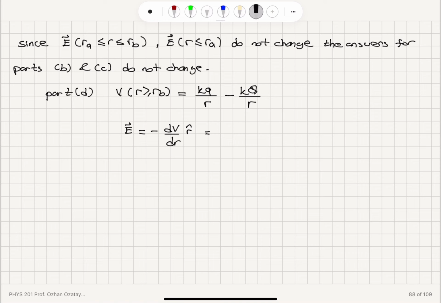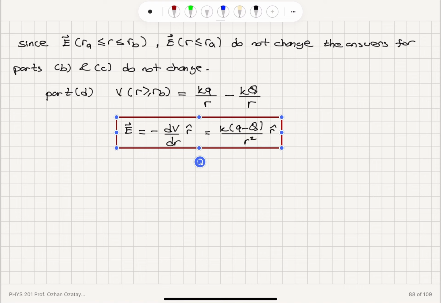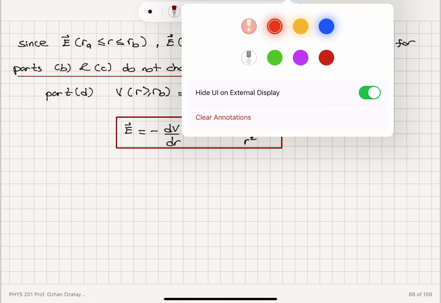The derivative of 1 over r gives me minus 1 over r squared, but there's another minus sign here. So this answer becomes kq minus capital Q over r squared in the r hat direction. So this answer changes. But the answers for parts B and C do not change because the electric field and the potentials are the same.